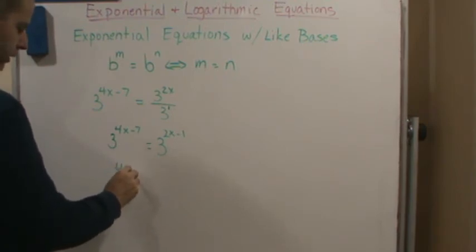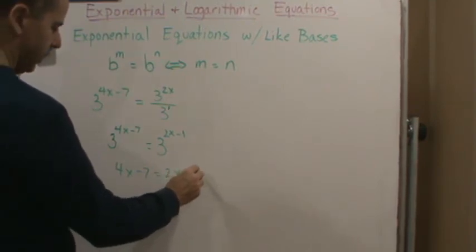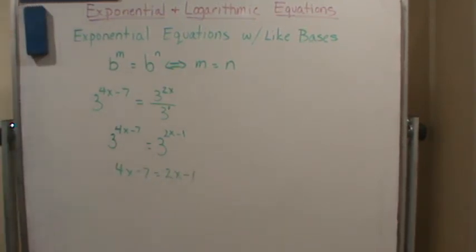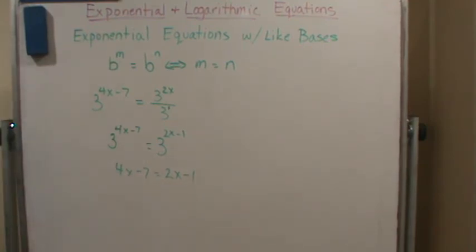So we know that 4x minus 7 has to be equal to 2x minus 1, and now we've got a linear equation. Right? So now we've got two linear functions equal to each other, and we can solve this easily.